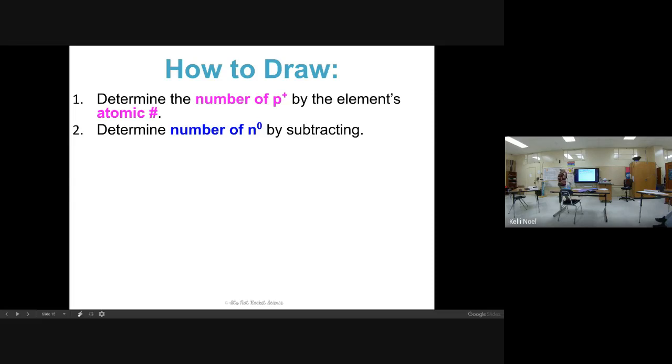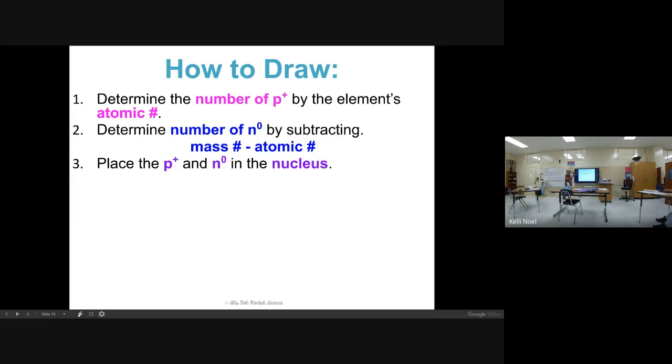And so we're going to look at actually how to draw these tomorrow, but you need to know the number of protons, and we get that from the atomic number. You have to determine the number of neutrons by subtracting on the periodic table the rounded average atomic mass, the decimal number, you round it, and that becomes the mass number. You subtract the atomic number to get the neutrons.